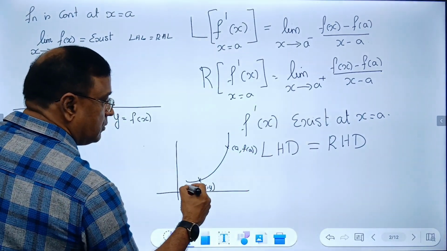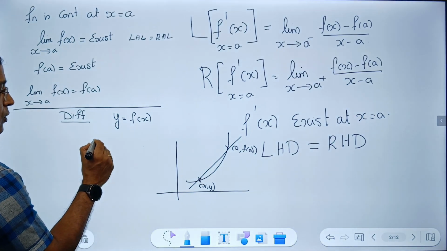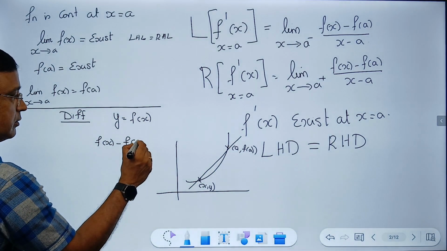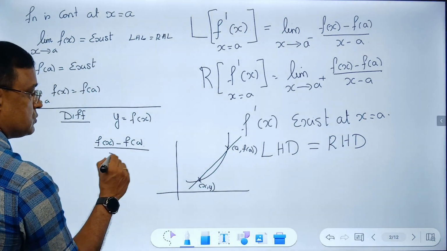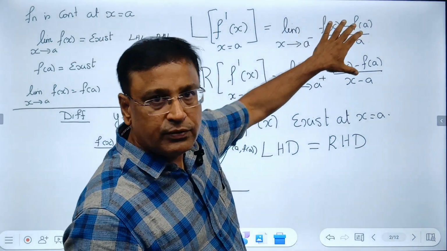If I draw a secant, what is the slope of the secant? It is y2 minus y1 by x2 minus x1. So remember, this means slope of the secant.